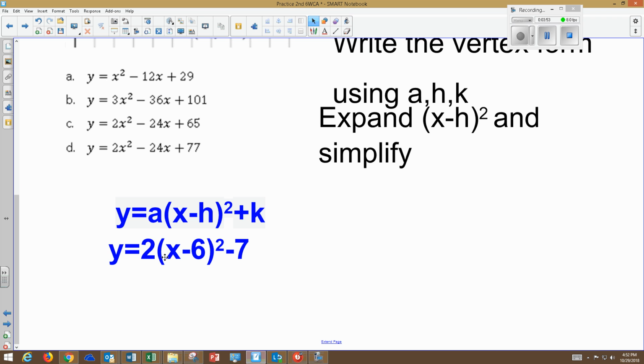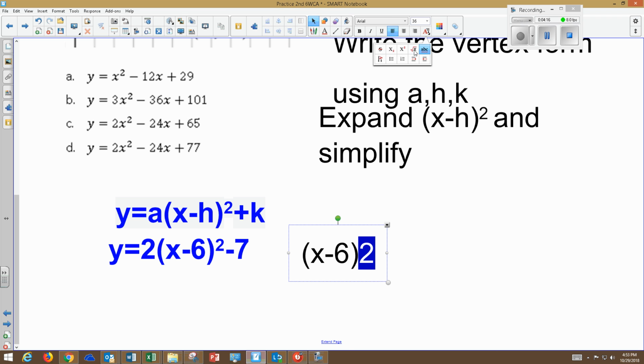So let's simplify this. Well, we know to expand (x minus 6), and I'm just going to write that off to the side, because you remember we had a lesson on this. (x minus 6) raised to the second power. We know that that can be written, and this is from the box method.